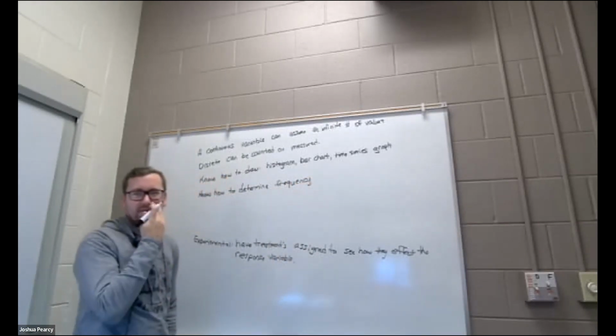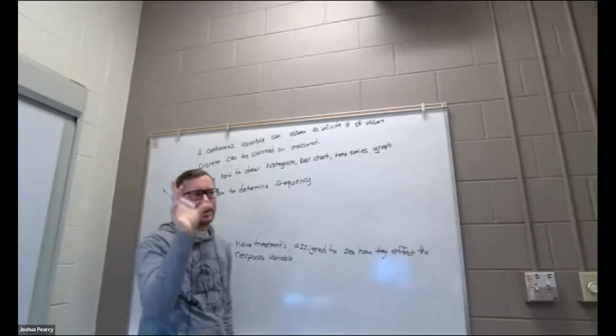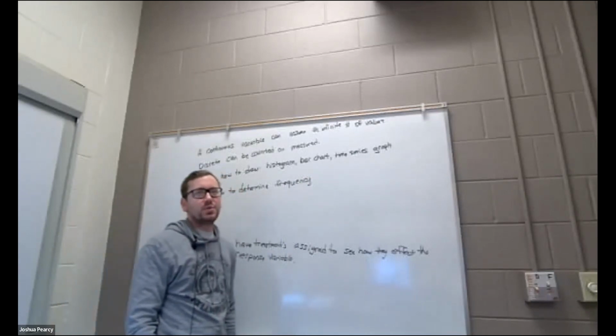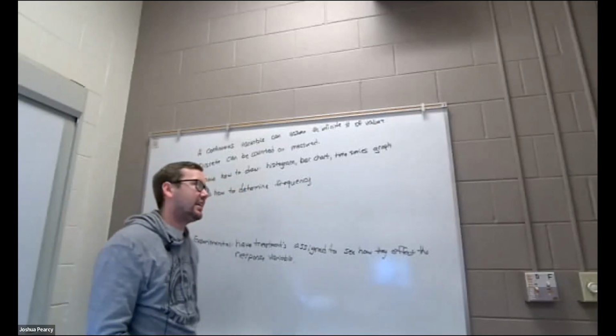So say, for instance, if I give you the actual table and a graph, you should be able to tell between which two values does most of the data lie.